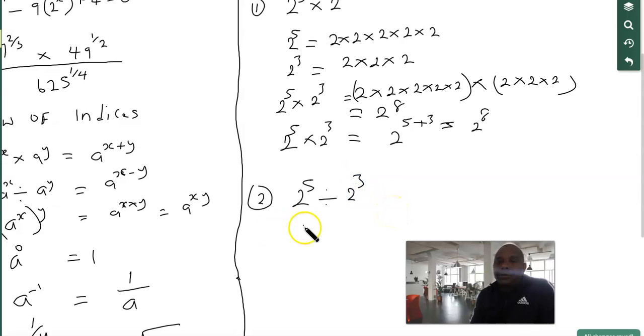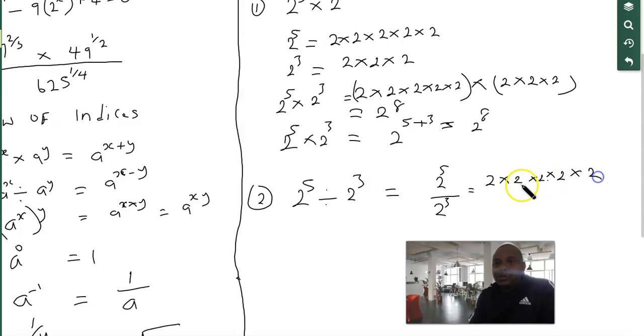This is equal to 2 times 2 times 2 times 2 times 2, all over 2 times 2 times 2.